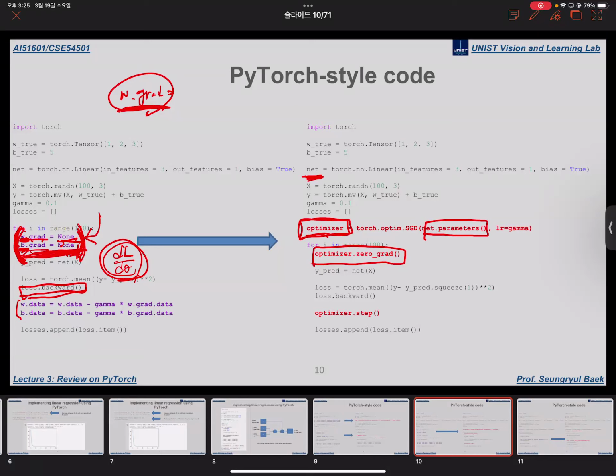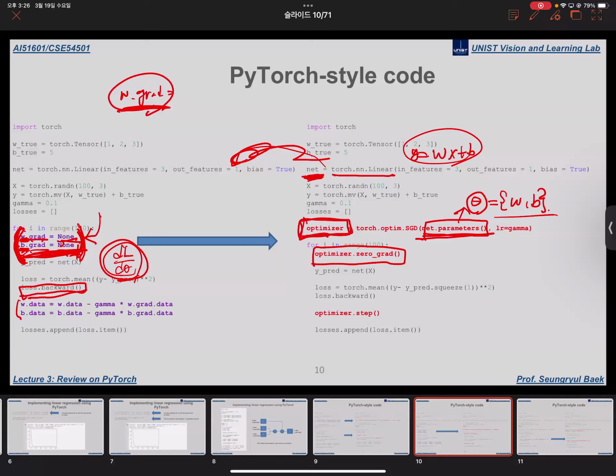I already told you this net variable is holding your architecture. Okay, this is doing the same thing as this, right? And also this net.parameters returns these parameters, which are W and B in our case. The parameters that should be updated are returned when you call net.parameters, okay?